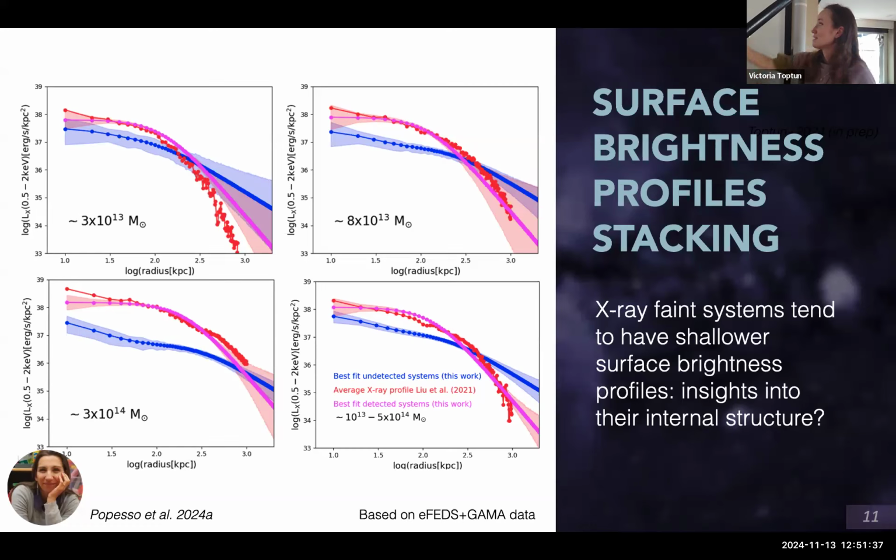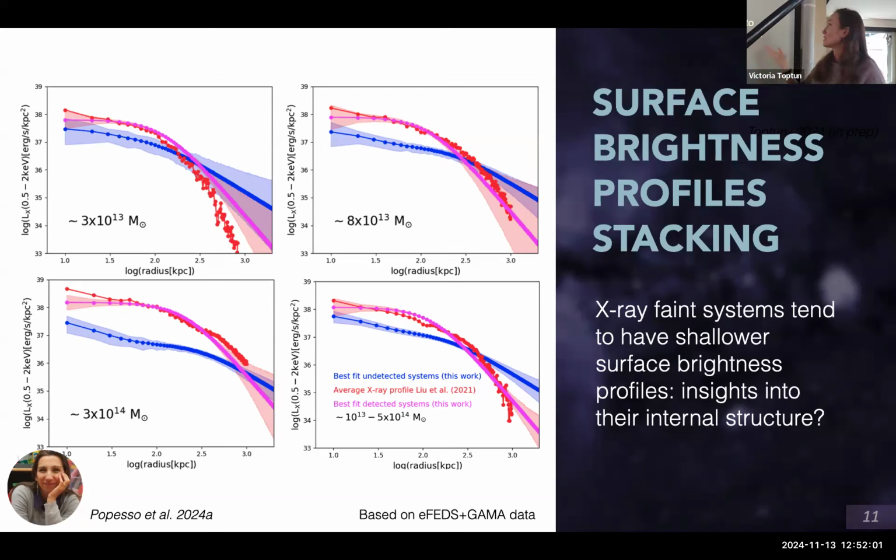And here you can see the comparison of these surface brightness profiles. Red is the profile of groups from the literature. Violet is the profile of our stacked groups from the sample detected in eFEDS. And blue is the profile of stacked groups that were not detected in eFEDS individually.